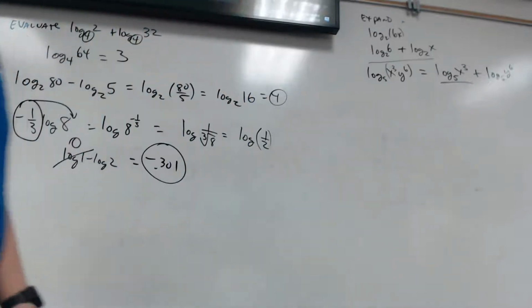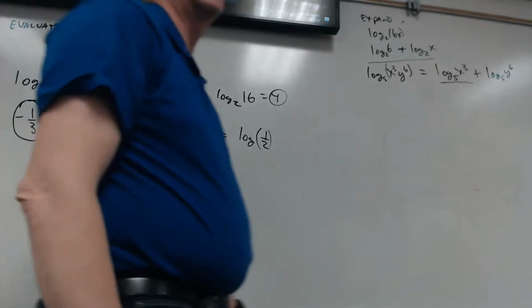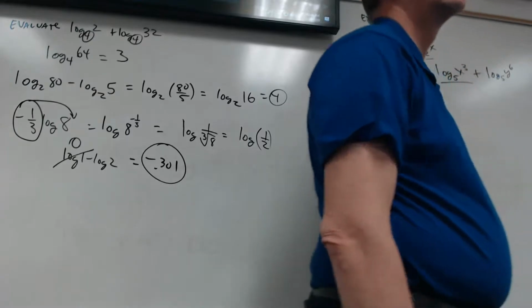Okay? So yeah, you can kind of think of this as distributing. That's not exactly what's happening, but kind of like it. Are there any other rules now that I can use on this one? Use the third one.